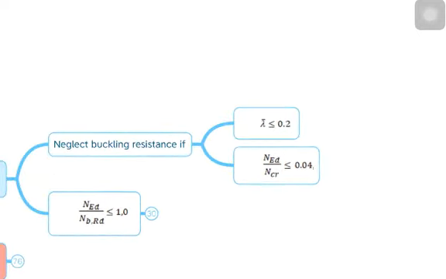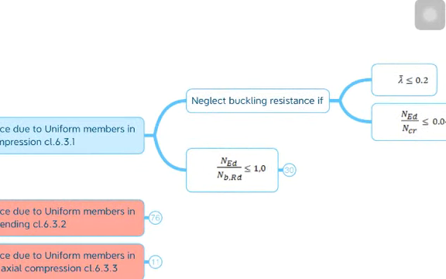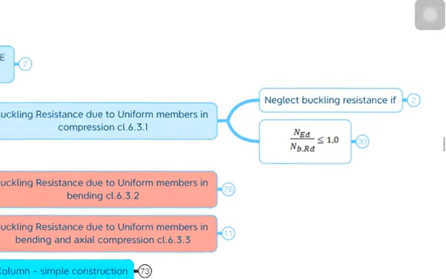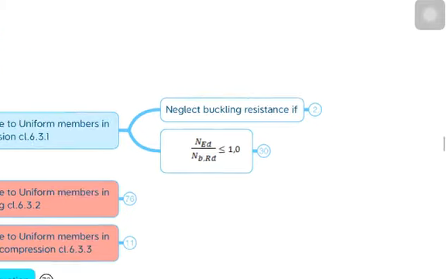If NED over NCR is less than 0.04, then it means that it's a short column. If not, the column is considered as a medium column, and you need to check the NBRD here. The NBRD is the buckling resistance of uniform members in compression.